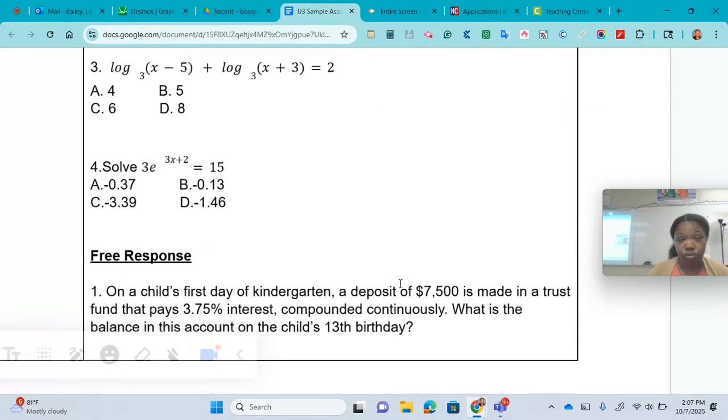Now, number 3. This is the level that they wanted you to get to. I know it's a lot. But you got to keep pushing. When we are adding, we're what? Multiplying. So that's going to be log base 3. And we're going to multiply these two using what property?